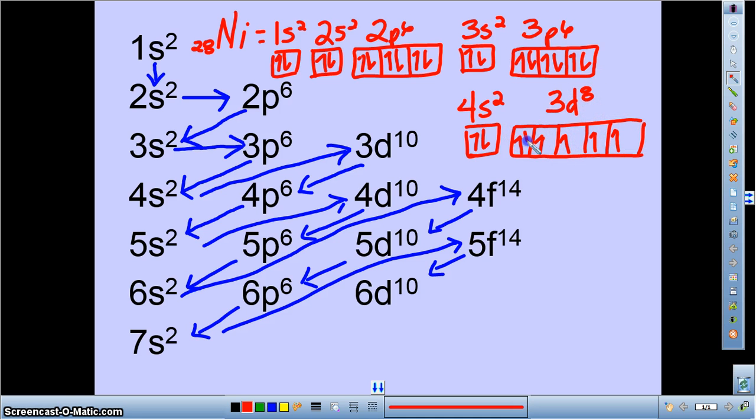And then we go back and we double them up from that point. So we have a total of 1, 2, 3, 4, 5, 6, 7, 8 electrons. This is as far away as they can get from each other and it's the most comfortable for the element. So this is what an electron configuration written longhand and your orbital diagram would look like for nickel.